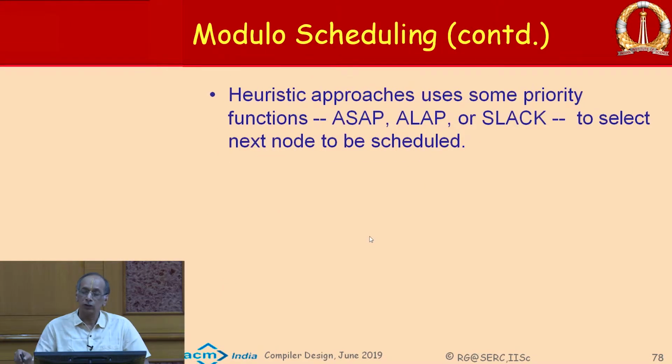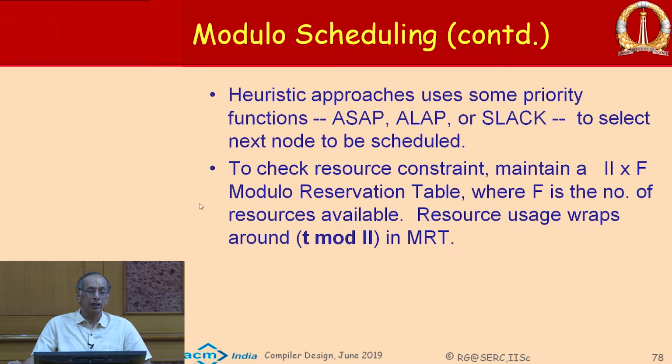Again, the heuristic approaches use the earliest start time and the latest start time as some kind of a priority. They try to schedule nodes which have less slack first and nodes which have more slack later. And as I mentioned earlier, to schedule an operation you have to see whether the resource is available.